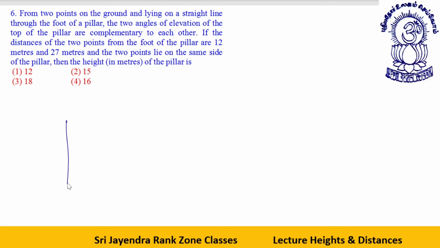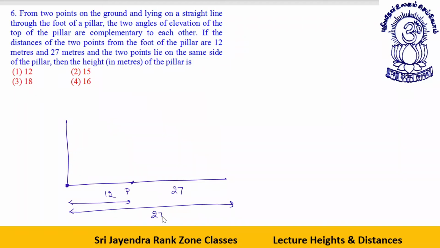You read the question. The question says there are 2 points at a distance of 12 meters and 27 meters from the foot of a pillar. Let's say these are the points P and Q.